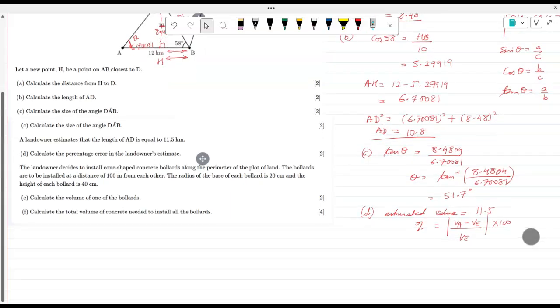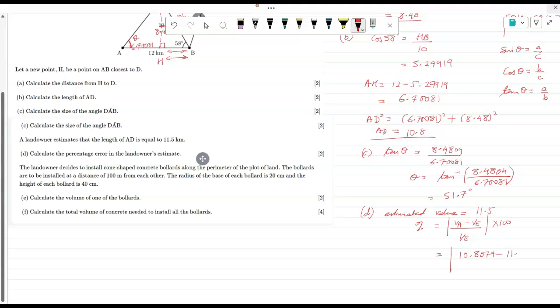So exact value is how much? 10.8 something it was. 10.8079.